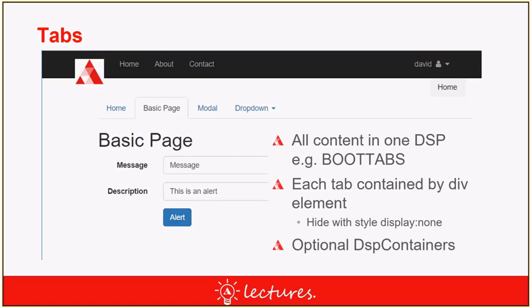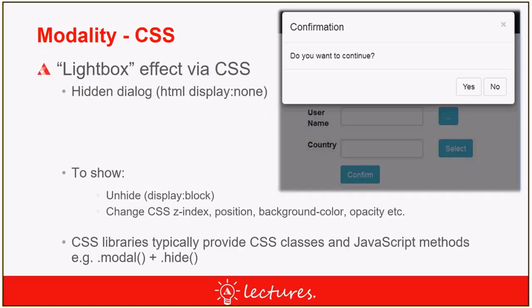The other thing that you probably want to do is get overlays or modality. I liken this to a lightbox effect, which is what web developers call it, if you ever look at a photo album and you click on a photo and it grays out the background and the photo you've clicked on gets displayed, that's what they call a lightbox effect. And what's actually happening here is just a bit of CSS trickery, really.